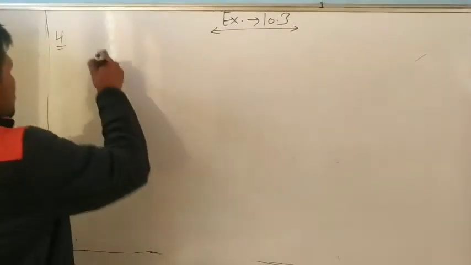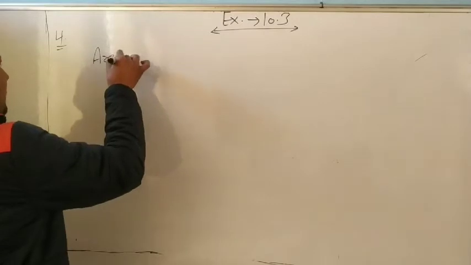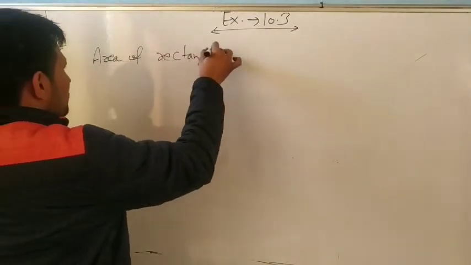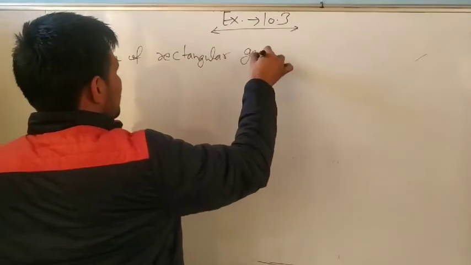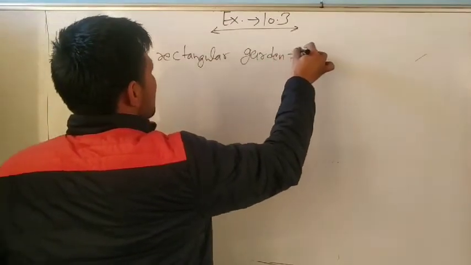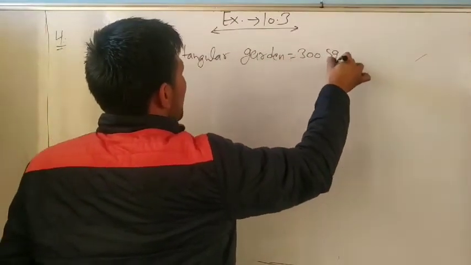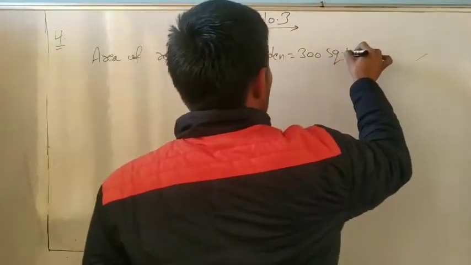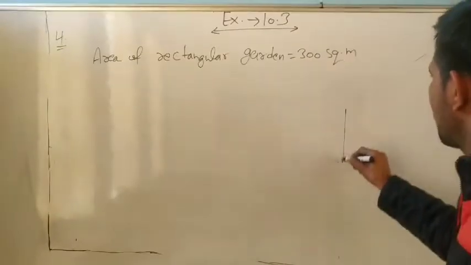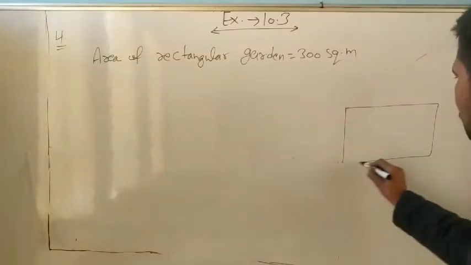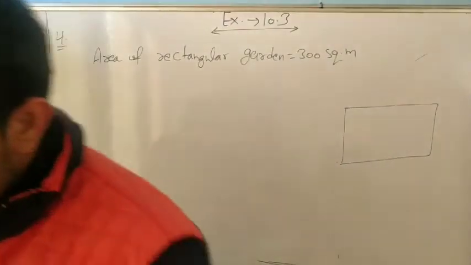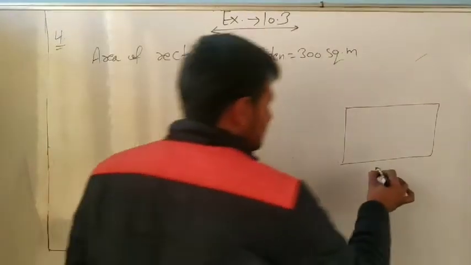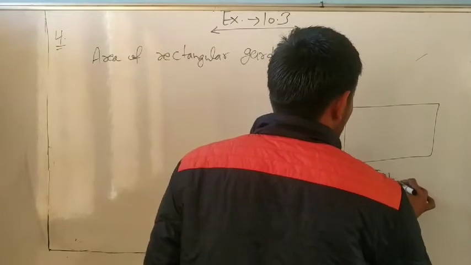So write: area of rectangular garden, how much? 300 square meter. It is given like this. And it is 50 meter long.